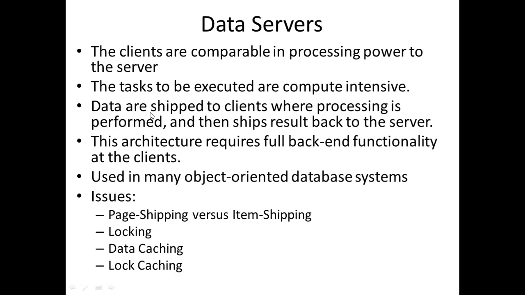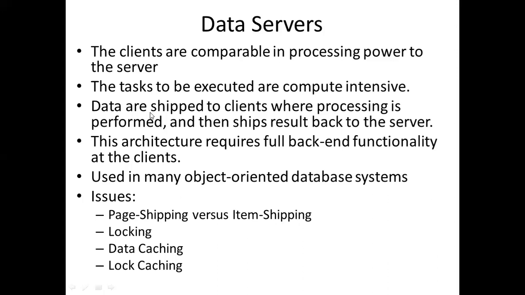The client executes that transaction, and whatever result it gets is sent back to the server side. See, here everything is the reverse. In the transaction server, what happens? The client can send only a request and wait for a reply. The server has the responsibility to execute that transaction and send the result back to the client side.